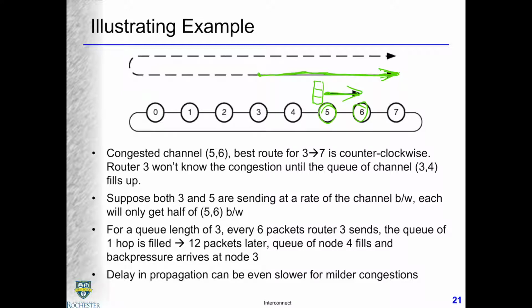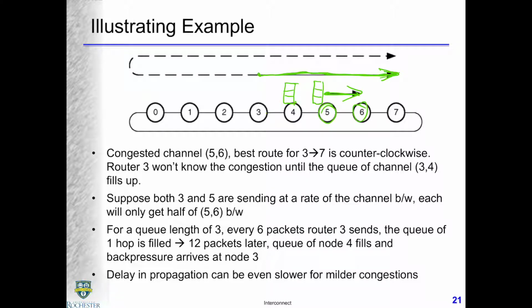So therefore, at 4, my queue, and this is just the queue going in the right-hand direction, will also start to fill up gradually. It takes every other cycle to queue up 1 entry. So in 6 cycles, my queue becomes full.